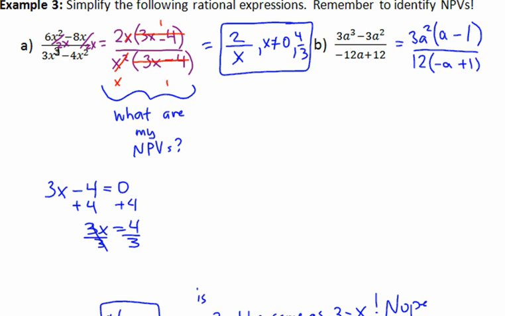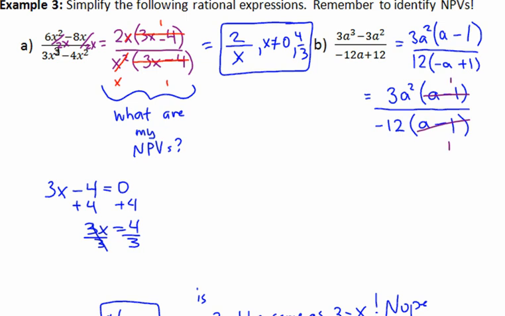So how can we make these the same? Factor a negative out on the bottom. So we're going to make this a negative 12 instead. Negative a divided by negative 1 is positive a. 1 divided by negative 1 is minus 1. Now what cancels? The a minus 1s.